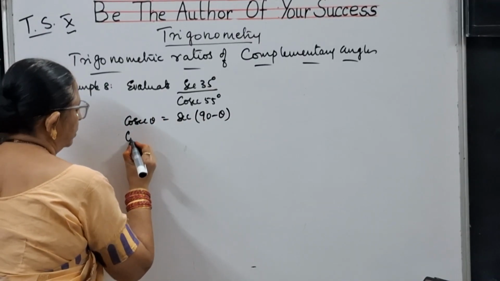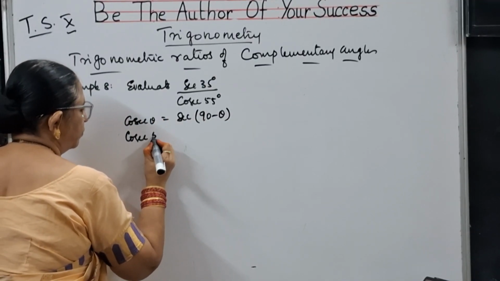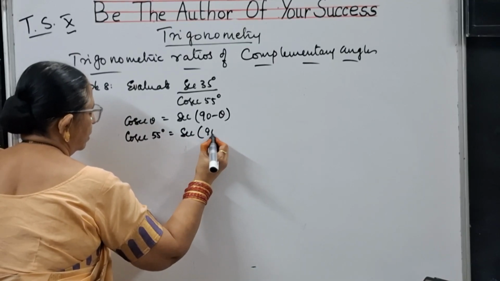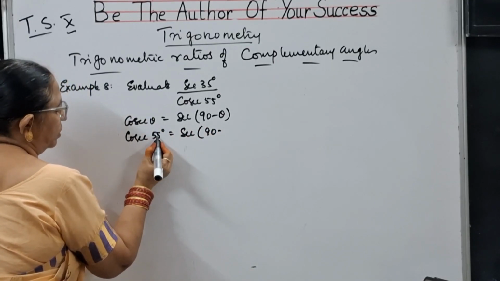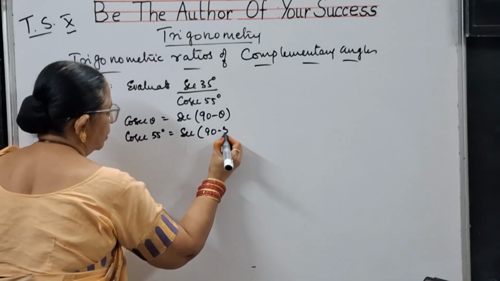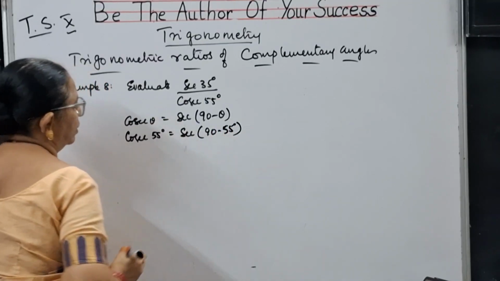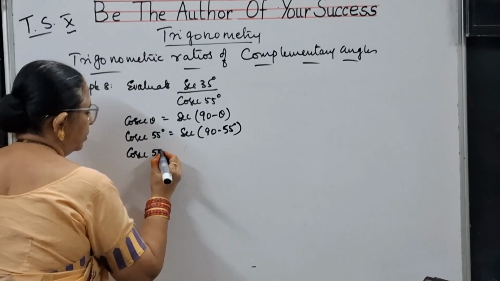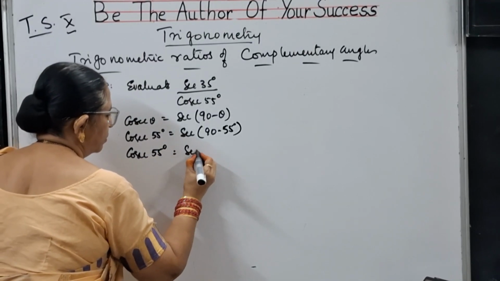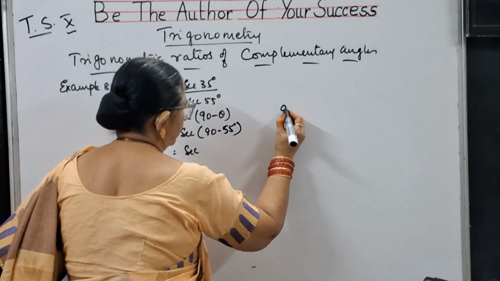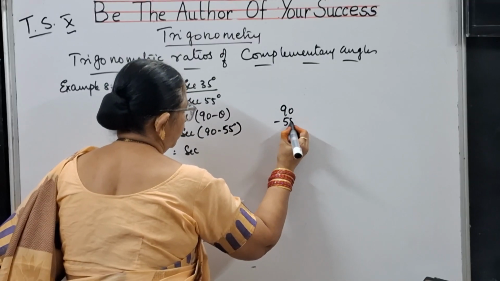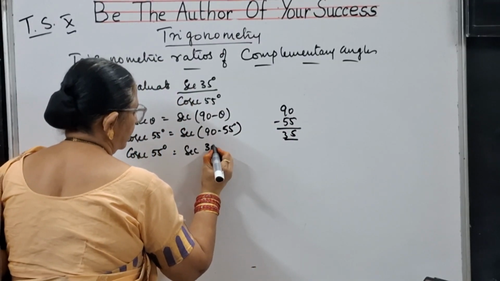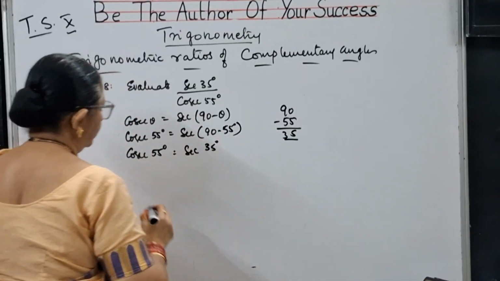Now cosecant 55 degrees is equal to secant 90 minus 55 degrees, in the place of theta 55. That means cosecant 55 degrees is equal to secant, from 90 if you subtract 55, you get 35, secant 35 degrees.